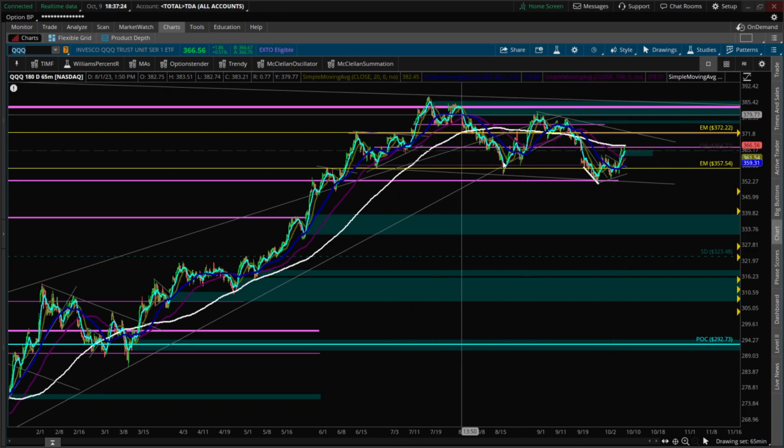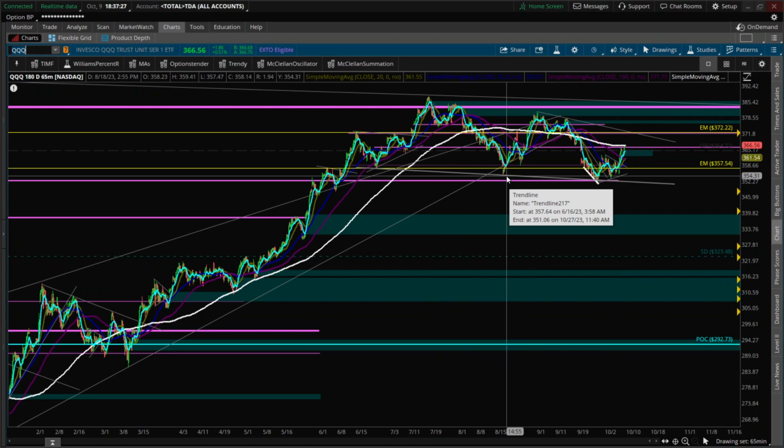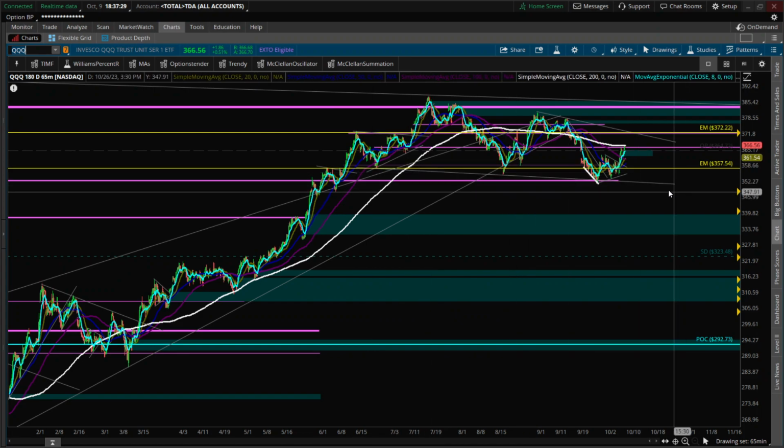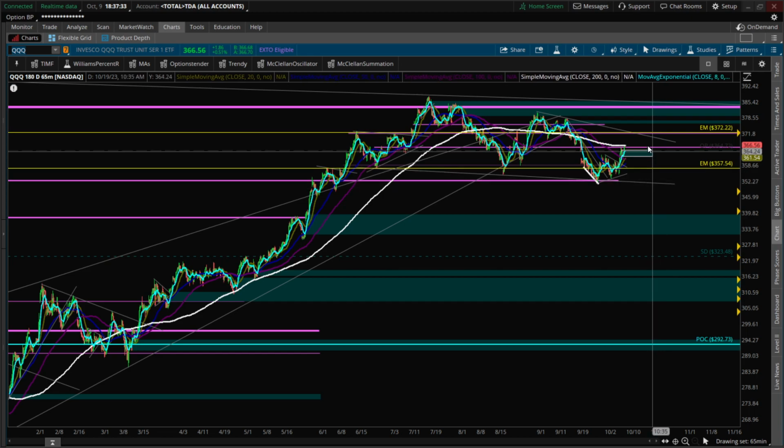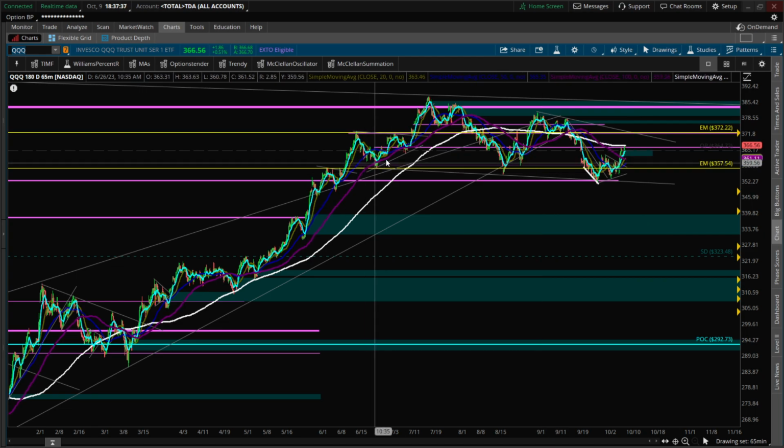Okay, so we have 3 waves down to 1, and it's forming a falling pennant or triangle, but I don't suspect we'll break out from this and go to new highs. That's the difference. It's not a continuation pattern, what I'm looking for.